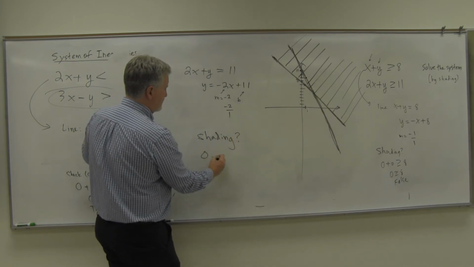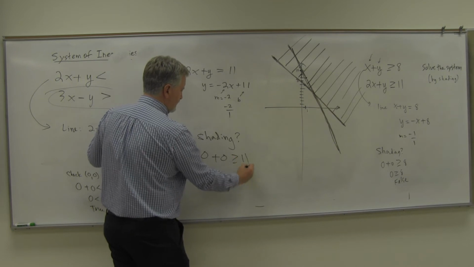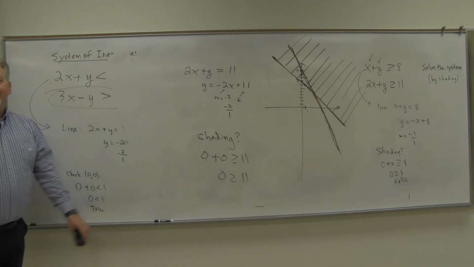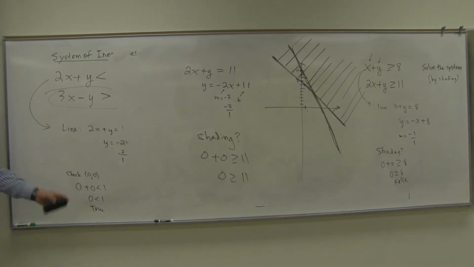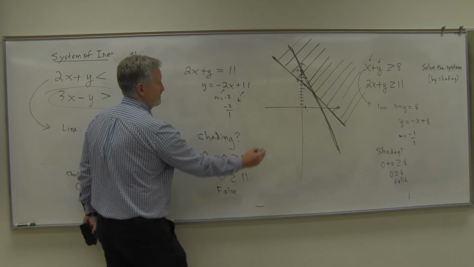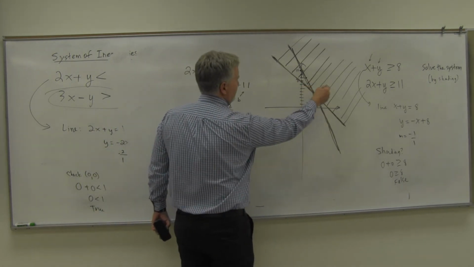0, 0. Does it work? I don't think we're in the same category as before. We got 0 greater than a positive number. That's false. So again, we're going the other side of 0, 0. So it'd be that side of that.